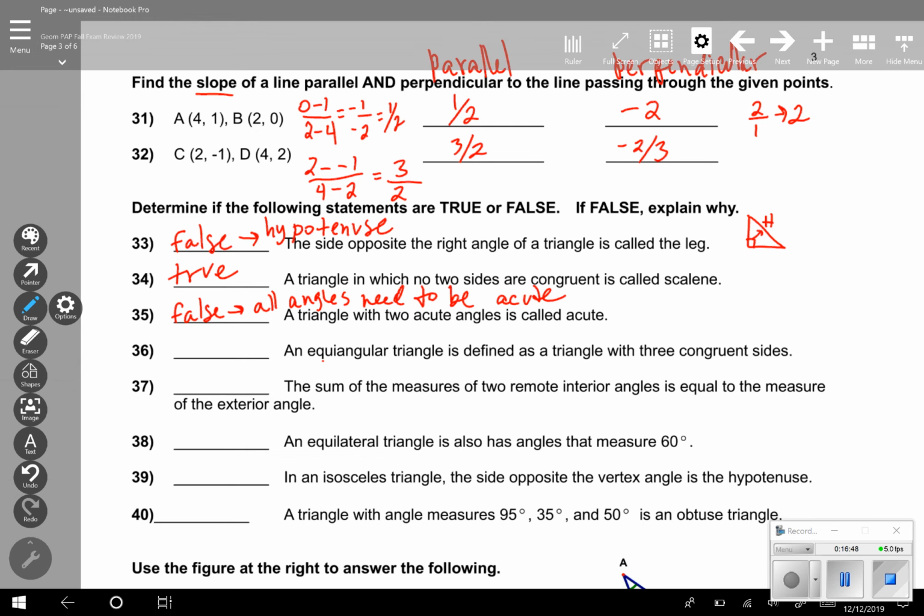An equiangular triangle is defined as a triangle with three congruent sides. I'm going to put this as true, but in parentheses. Because remember, if your triangle is equiangular, then that means that it's going to be equilateral because of the hinge theorem.